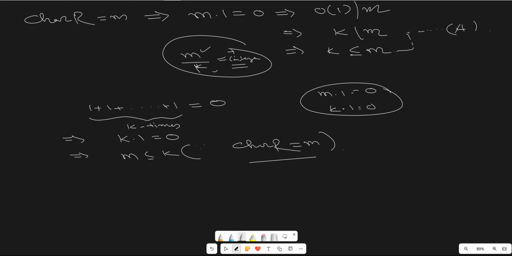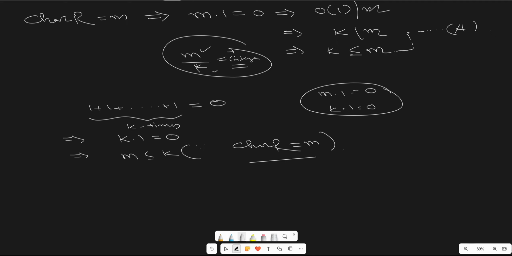Am I clear with you? Anyone has any doubt here? See, k dot 1 is 0, up to this is okay. So why is k greater than or equal to m? Because m is the characteristic of the ring, so m dot 1 is 0. Also we are getting that k dot 1 is 0, and m is the smallest positive integer for which that holds.